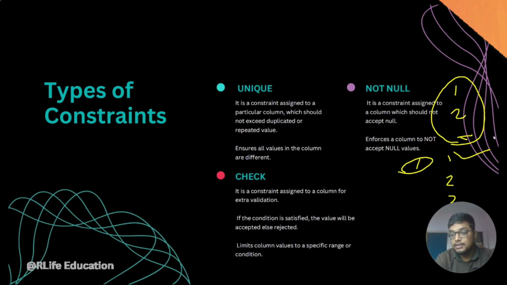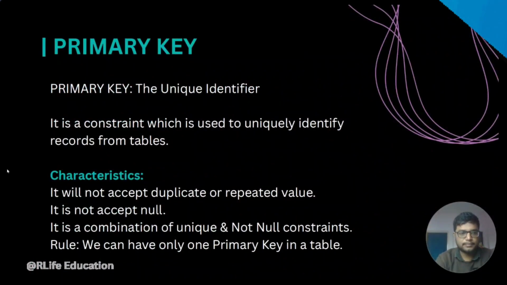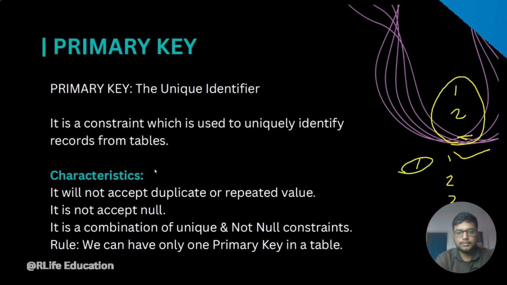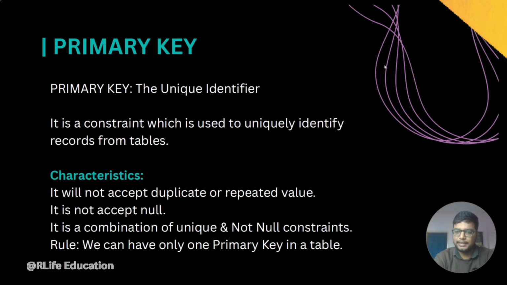Let's discuss primary key and foreign key. Most important thing, primary key. What is a primary key? If in a table I declare one primary key, how can we declare it? I am declaring here ID of number type of size 10.